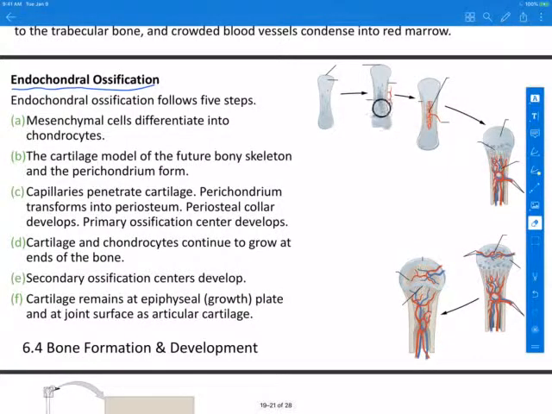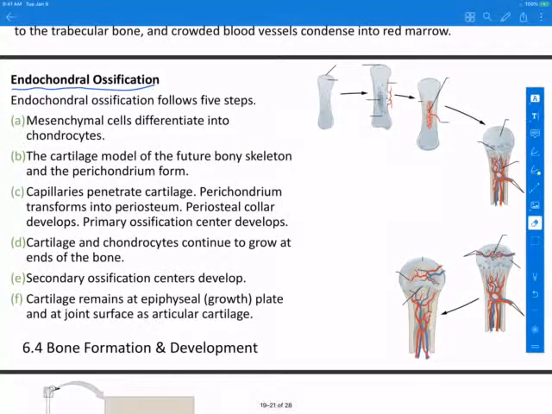And so what you're seeing on the very inside, these kind of dark gray dots, this is the calcified matrix, and then the light gray is the uncalcified matrix. We have the perichondrium surrounding the ends of this cartilage bone, and then this part right here, this represents the bony collar. So this is where we have the first bone.